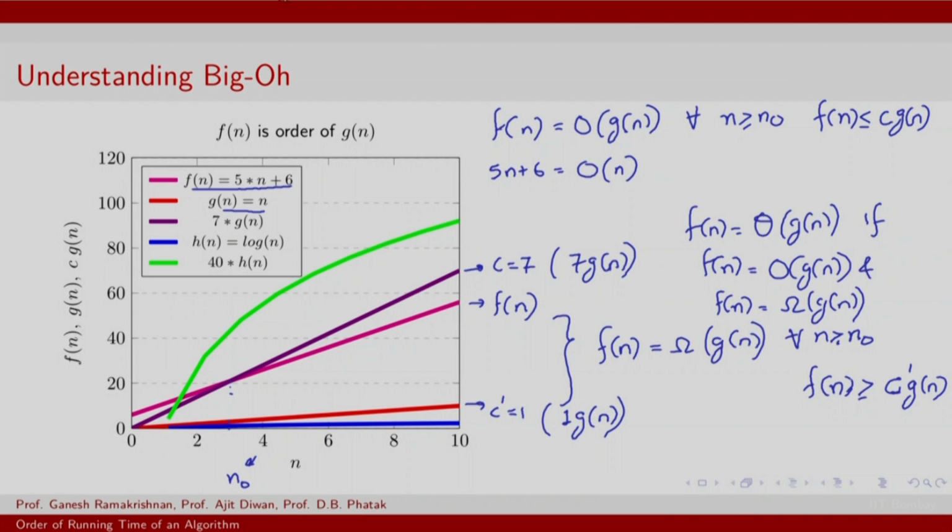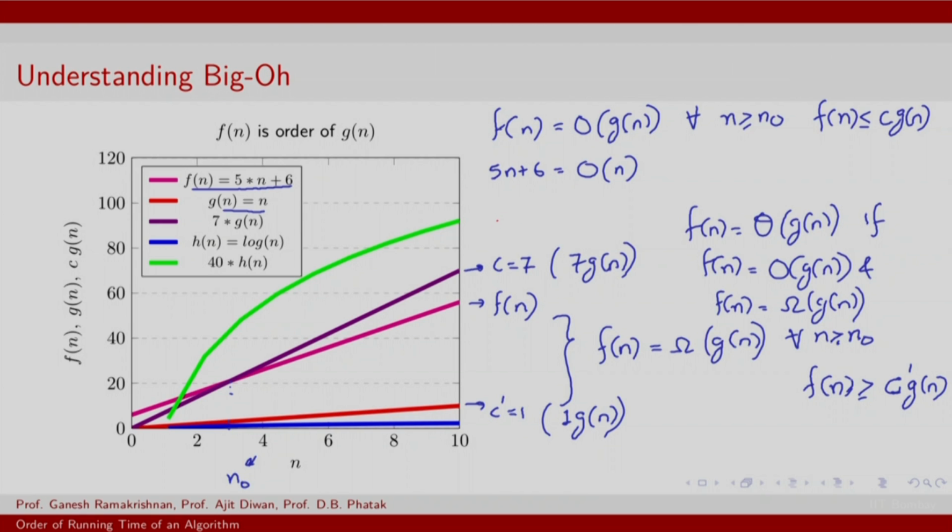One could also draw some other interesting conclusions from this graph. The fact that f(n) has been lower bounded by g(n) with a scale value of 7 should also give you a hint that g(n) appears to be lower bounded by f(n) for some value of c prime.